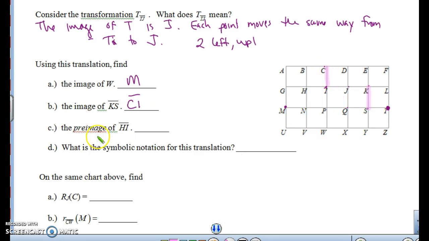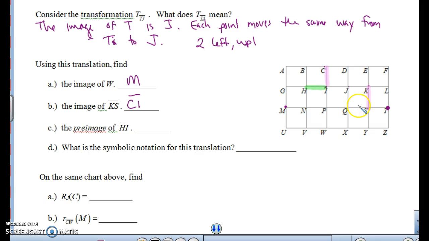All right, the pre-image of HI. Well, HI is right here. This is saying we've already done the translation 2 to the left and up 1. If I wanted to know what it was before, what would I have to do? Well, instead of going 2 to the left, I would have to go 2 to the right, and then instead of up 1, we'd have to go down 1.